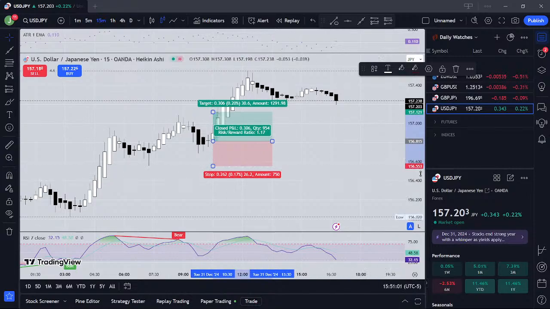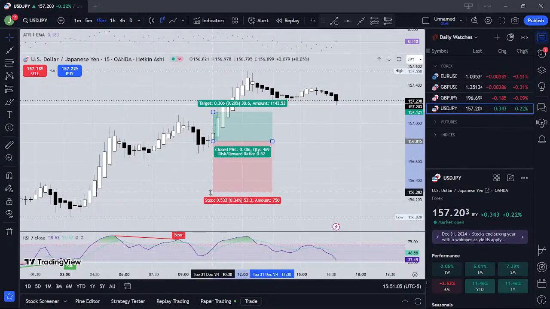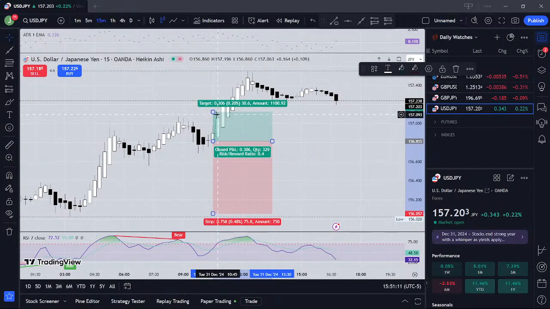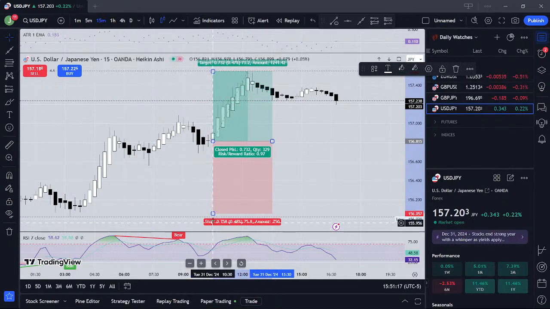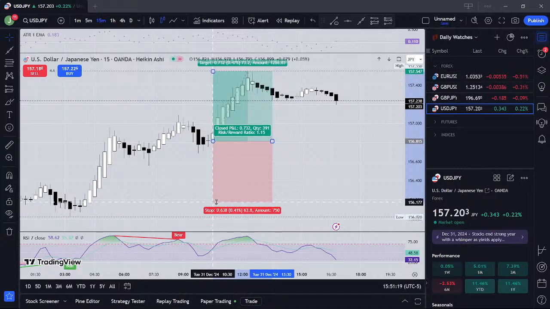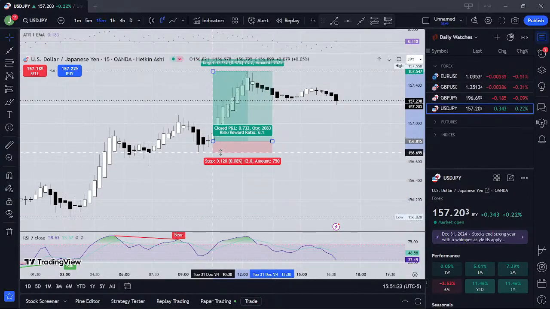So I'm going to go down by 5. So I should probably buy at 156.00, probably around here. Then I'll set my TP around here. Let me see if I was here, if I want to set my stop loss here. Okay, 5.